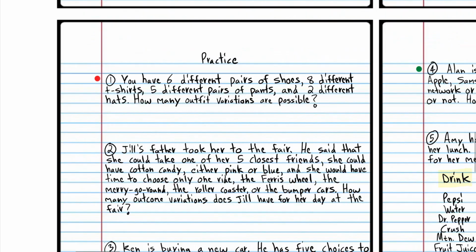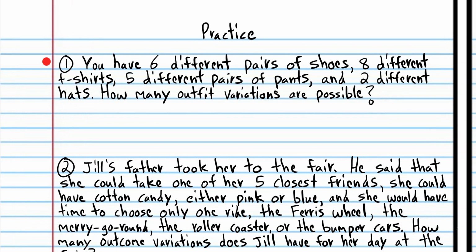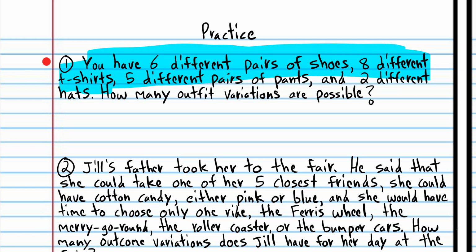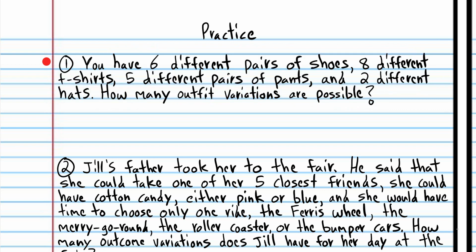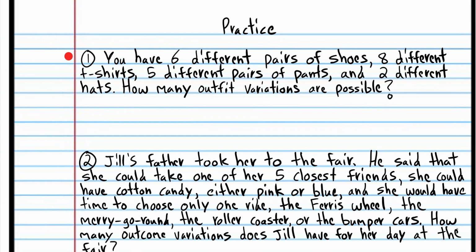So let's do some practice problems. You have 6 different pairs of shoes, 8 different t-shirts, 5 different pairs of pants, and 2 different hats. How many outfit variations are possible? So all we have to do is take the number of options in the first choice, multiply by the number of options in the second choice, and then multiply by the number of options in the third choice, and by the number of options in the fourth choice.